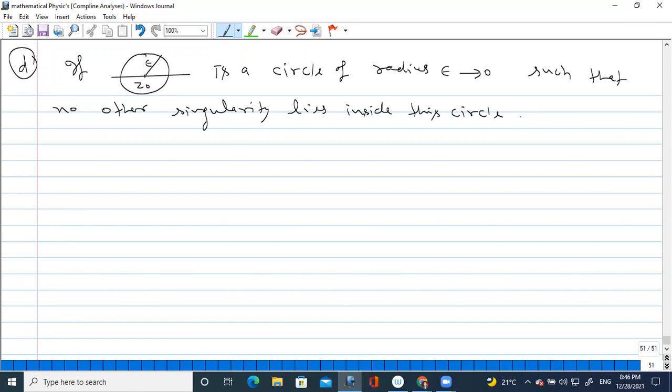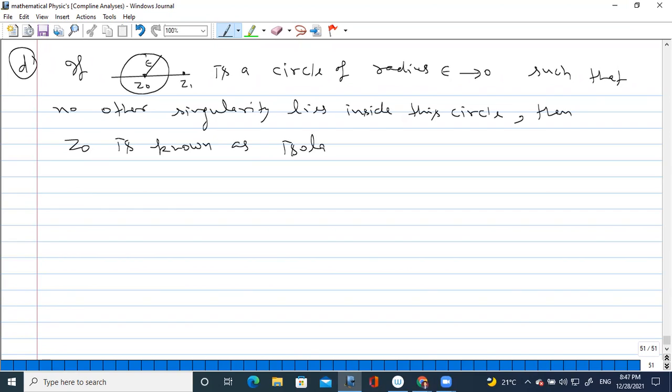Okay, then Z0, because only one singularity is there, and nearby to this no other singularity is there. Other singularities can be outside of this, but inside this no singularity is there. Understood?